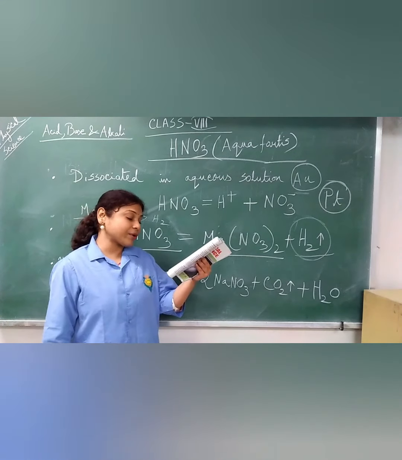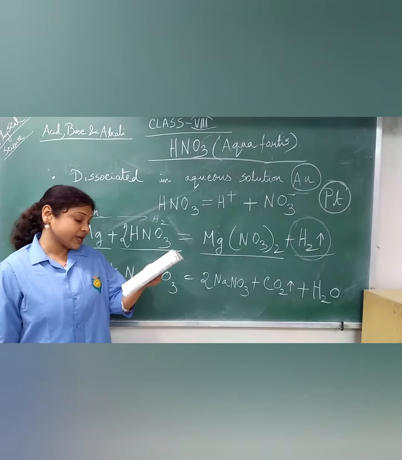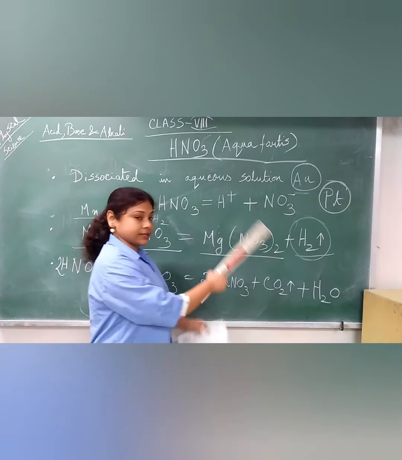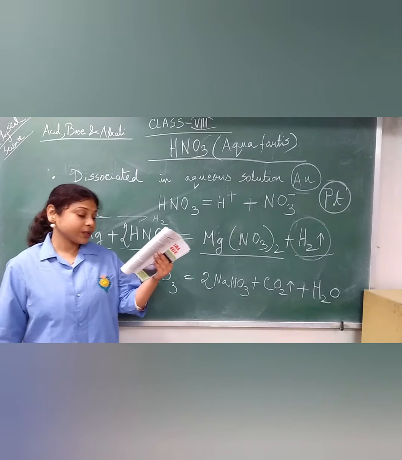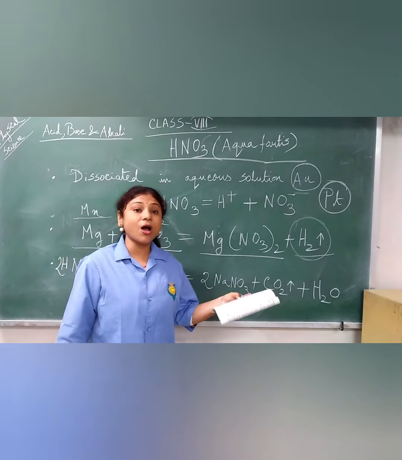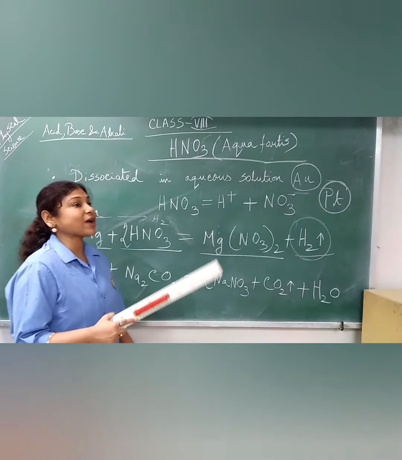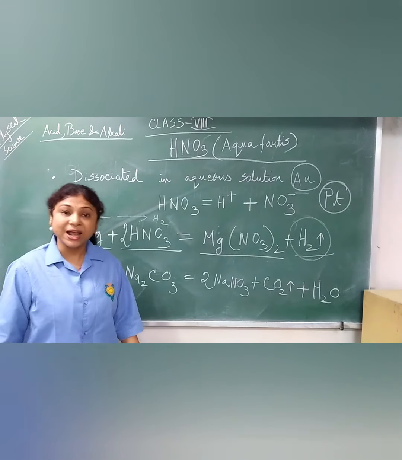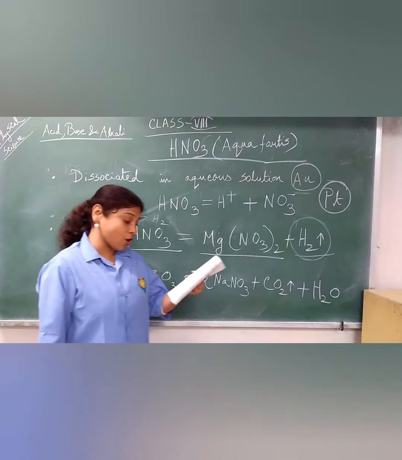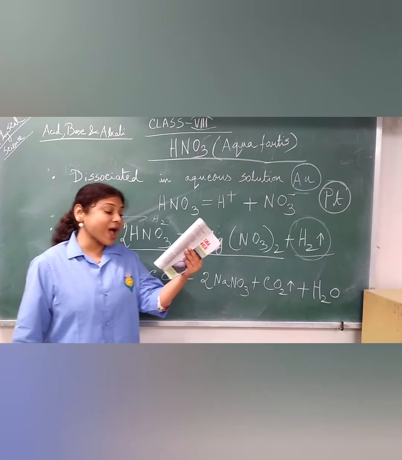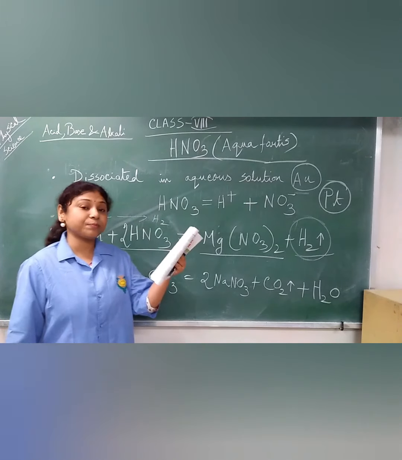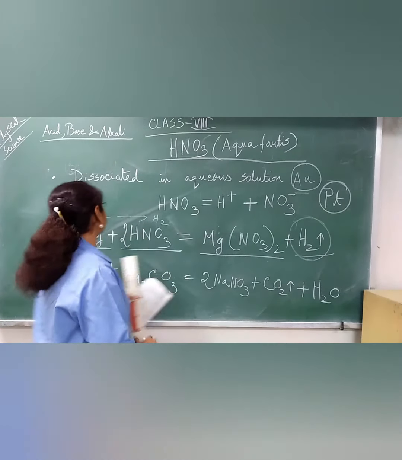Uses: in the laboratory as an oxidizing agent, in the preparation of nitrate salts like this, and fertilizer, to purify gold, because you know that in aqua regia also we need 1 volume of concentrated HNO3 to prepare aqua regia, which dissolves gold. To prepare trinitrotoluene, that is TNT, a type of explosive.